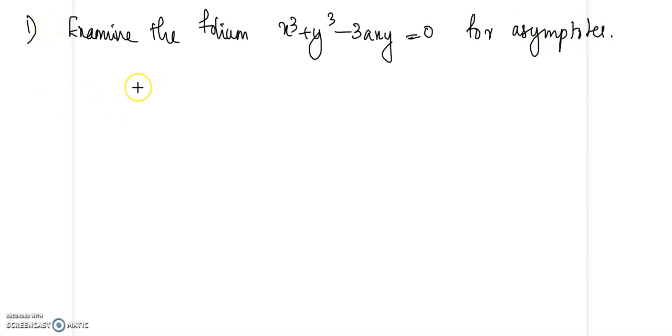And now we have the equation x cube plus y cube minus 3axy equal to 0.